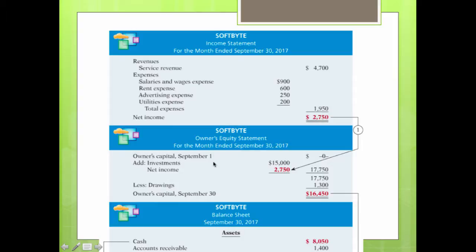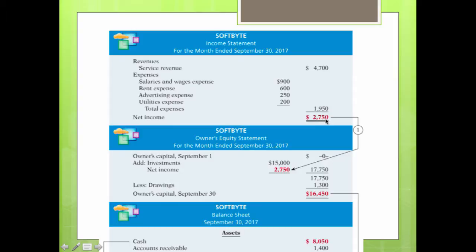Then you add investments. In this case, it's $15,000. And then you add any net income or net loss. And you do that by bringing down the balance from your income statement. So from our income statement, we recorded the net income as $2,750.